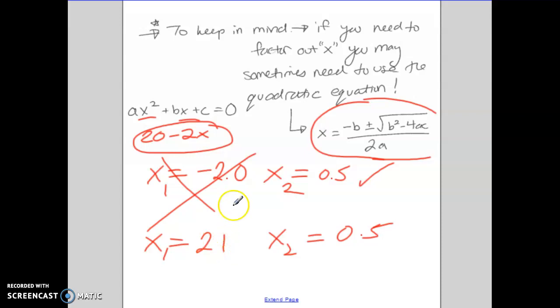For example, if the answer is 21, I'm going to have 20 minus 2 times 21, so I'm going to get a negative result for my equilibrium concentration, which again does not make sense. So you'll either have a negative result with a positive, and you always go with the positive, of course. If you have 2 positive results, look to see where you would be plugging X into. One will make sense and the other one won't. So whenever you're doing quadratic, remember you're only doing this if the 100 rule does not work. And we're going to do an example of the 100 rule in our next piece here.